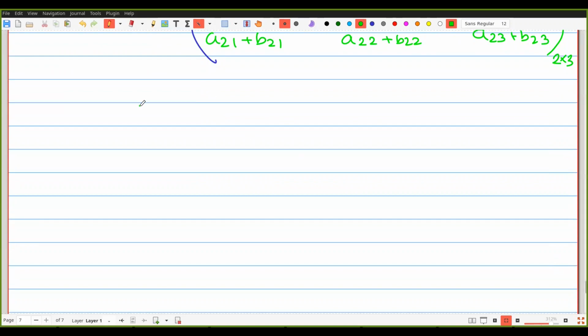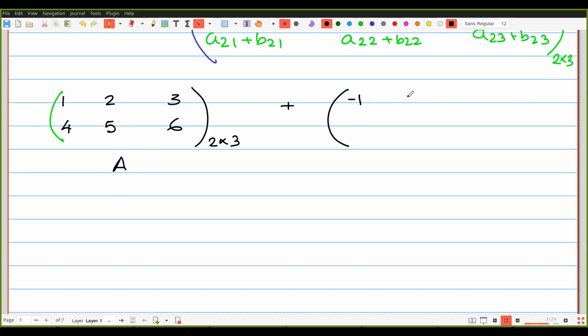Let's check with some numerical values. Suppose we have 1, 2, 3, 4, 5, 6, so that is 2 cross 3, that is our A. Plus we have minus 1, 2, 3, 4, 5, minus 4.